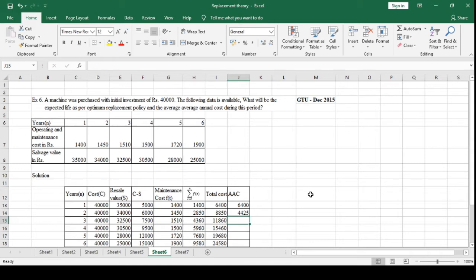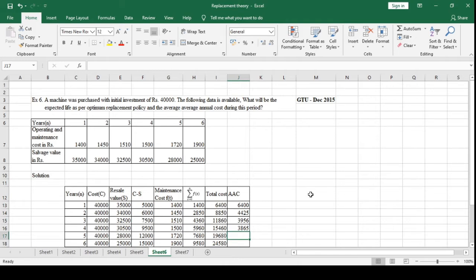For the third year, 11860 divided by 3, so your answer will be 3956. For the fourth year, 15460 divided by 4, so your answer will be 3865.